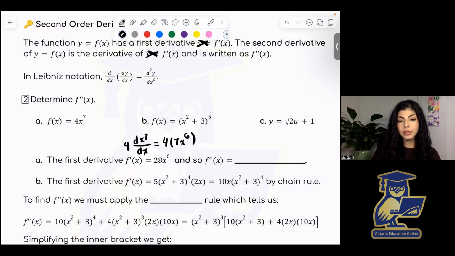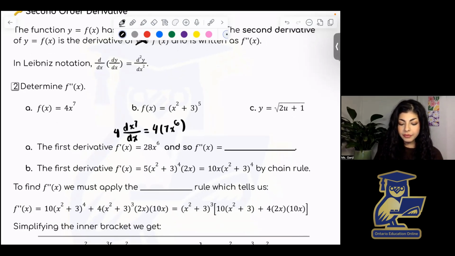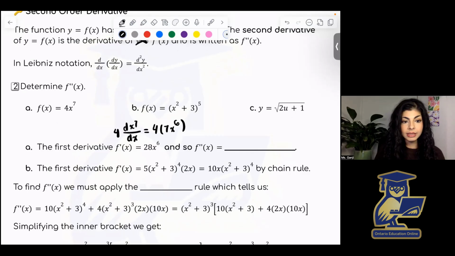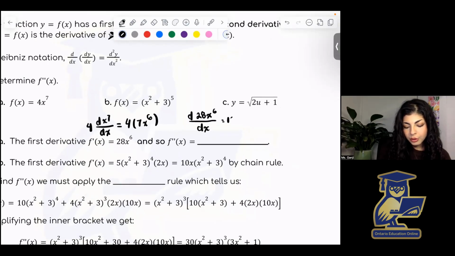Now, taking the derivative of this one is very similar. We're finding the second derivative here. We are now doing d of 28x to the power of 6 by dx. And now here we have 168.